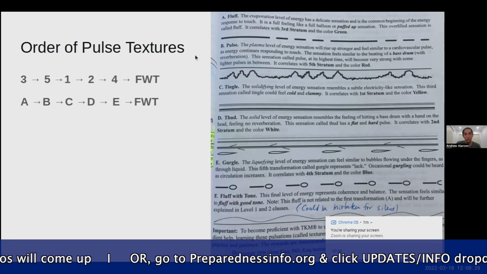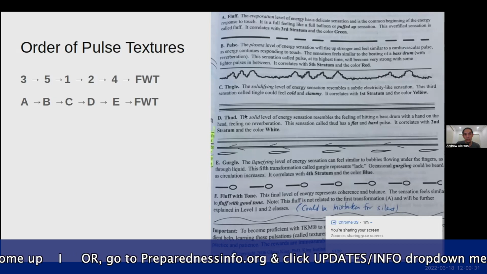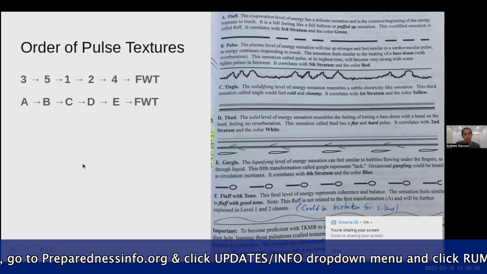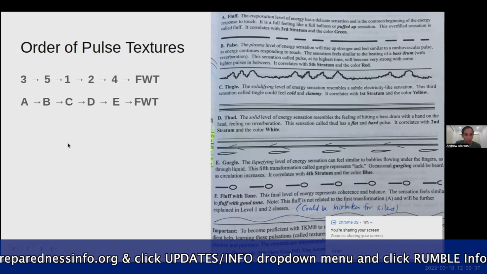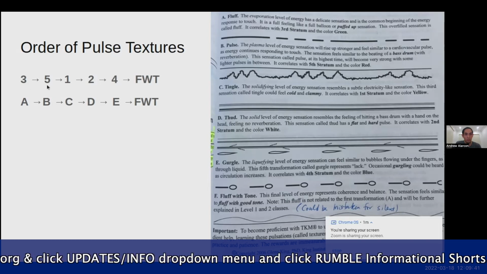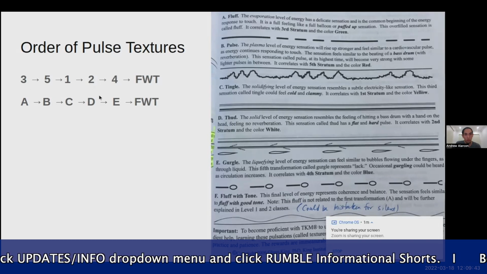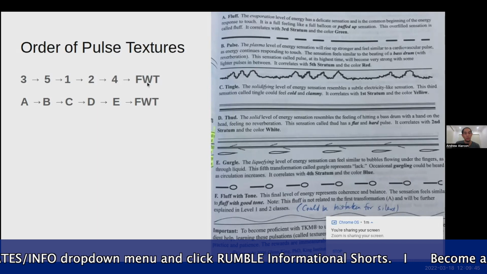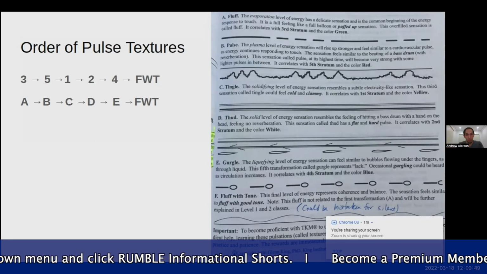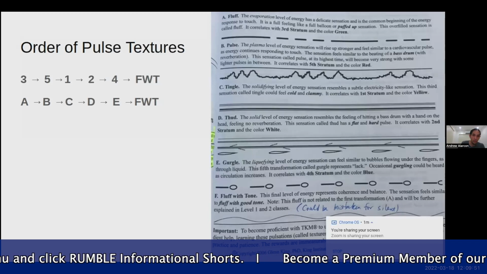So you have fluff, pulse, tingle, thud, gurgle, and then it leads to fluff with tone. Or if we're talking about stratums, it goes from third stratum to fifth stratum to first to second to fourth, and then it goes to fluff with tone. And that's when you're feeling the pulses on the wrist.